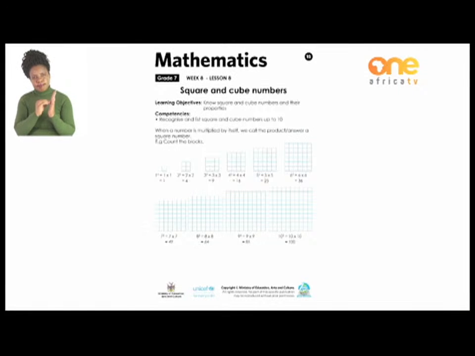When a number is multiplied by itself, we call the product or the answer a square number. For example, you can count the blocks with the first one there, which is a square, which is just 1, so that is the same as 1 times 1 to give you the product or the square number as 1.